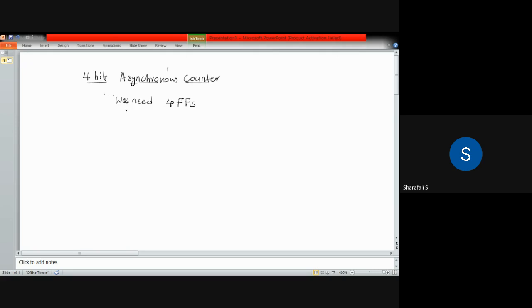Okay, so what will be the mode of this counter? Mode will be 2 raised to n, maximum number of states possible with this particular counter, that will be equal to 2 raised to 4, that is 16.